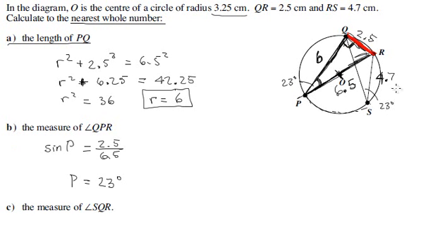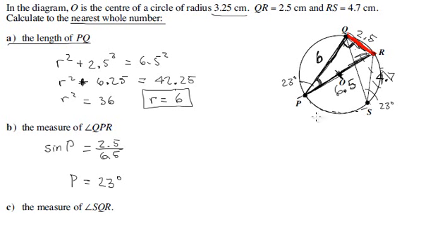This person will agree with you that that chord looks 23 degrees wide. Now that we have that, you see what we've got? We have 2.5 across from 23 degrees, and then we have 4.7 across from the angle we need to find. We have two opposite pairs, which means the sine law can do this for us.